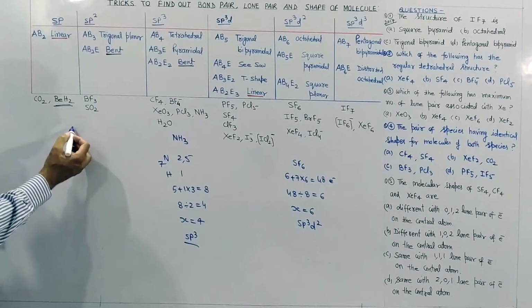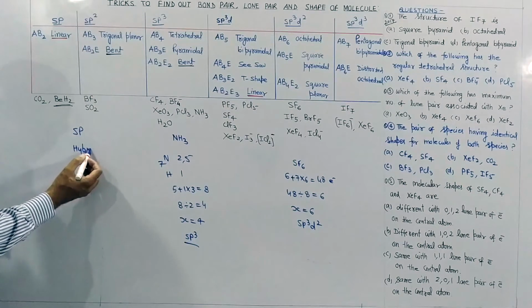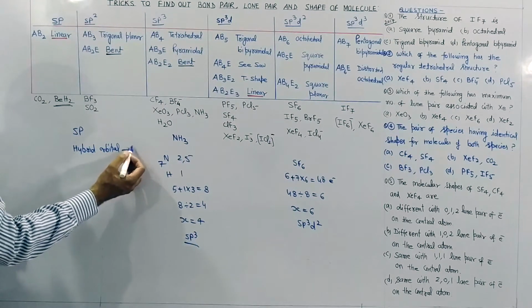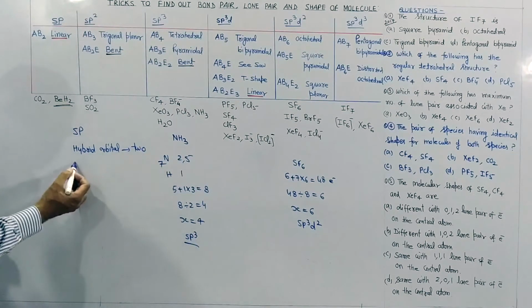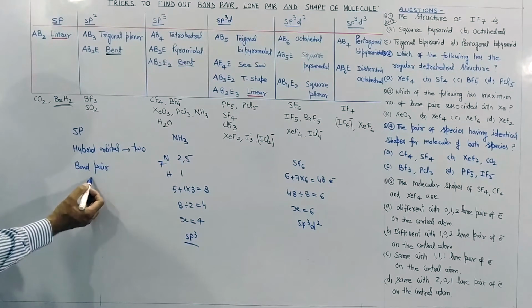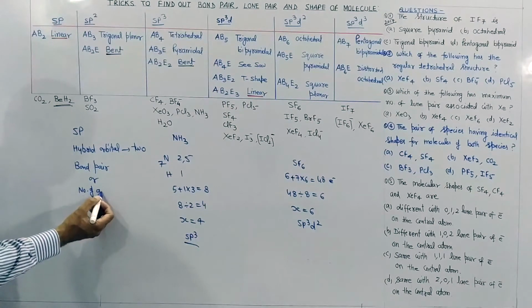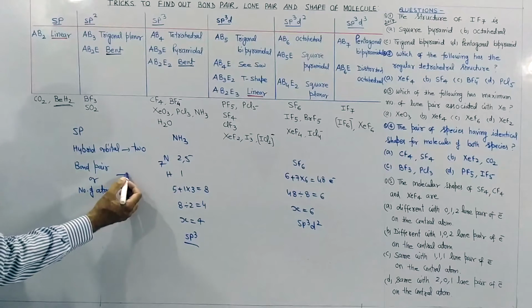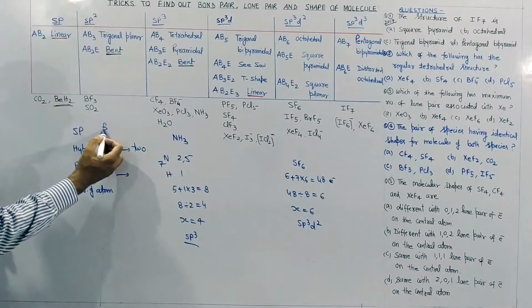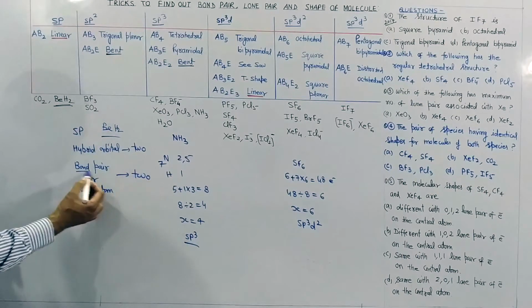In BeH2, hybridization is sp, so the hybrid orbitals we have are 2, and the bond pair or number of atoms attached with the central atom in BeH2 is 2, so the bond pair will be 2.